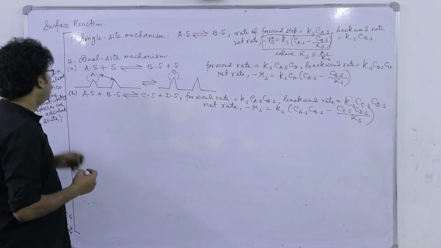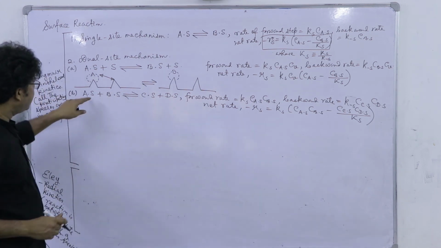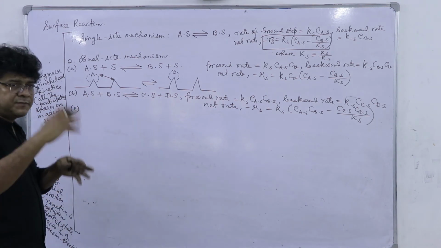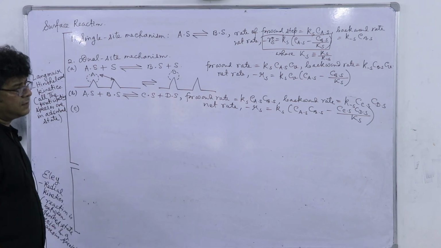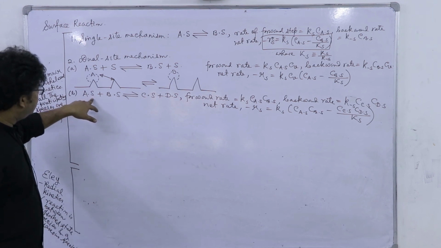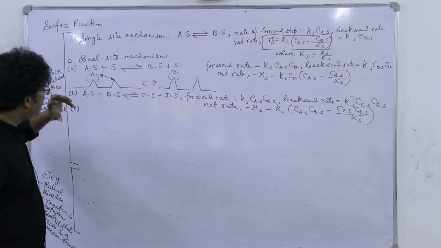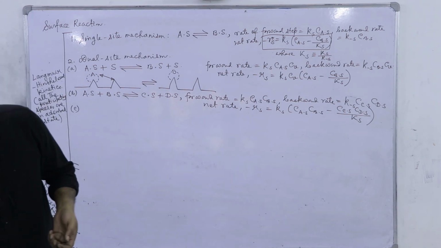So, it may happen that two different types of sites are possible. It is a kind of mixed component catalysis, there are two types of active sites present. One is represented by S, another is represented by S prime, right.